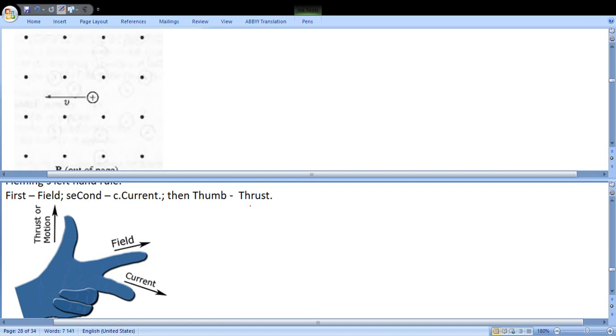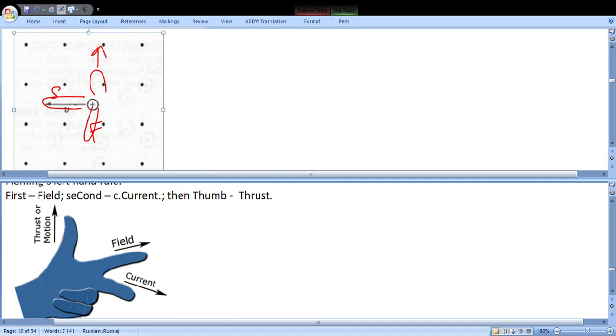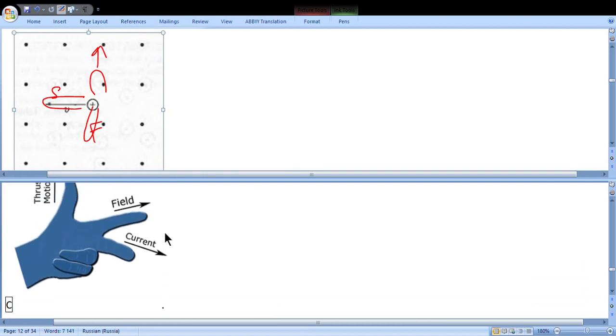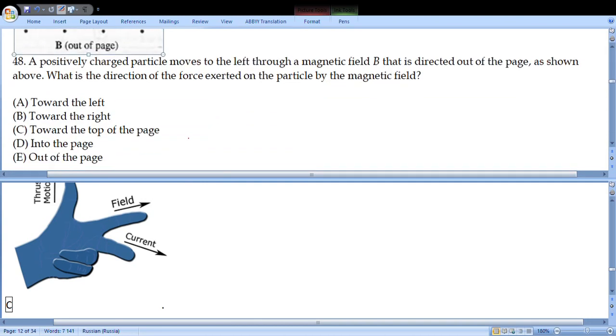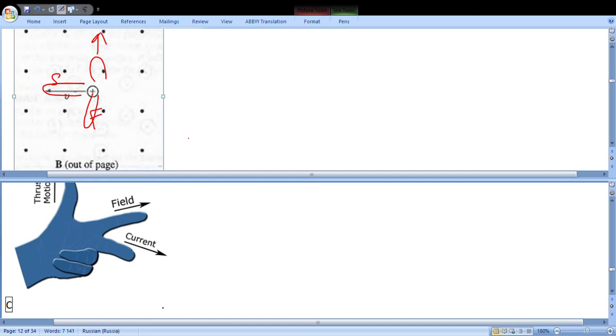As a result, the thumb will show you up. So let me show. Your first finger points this way first. The second finger points this way, and the thumb shows the direction of the thrust, up. So the choice is towards the top of the page.